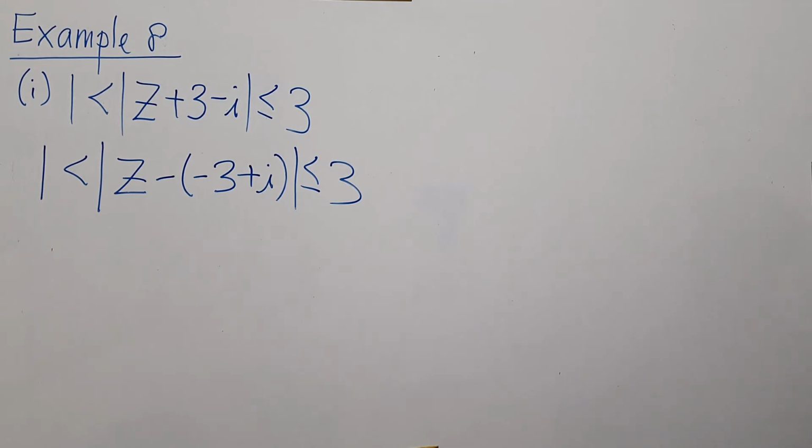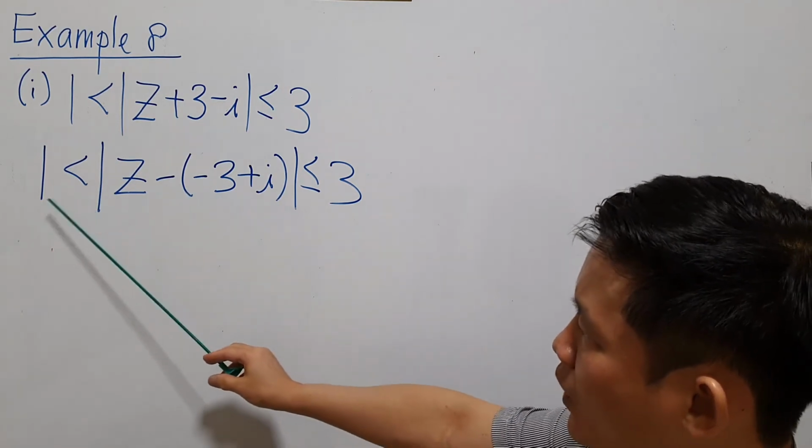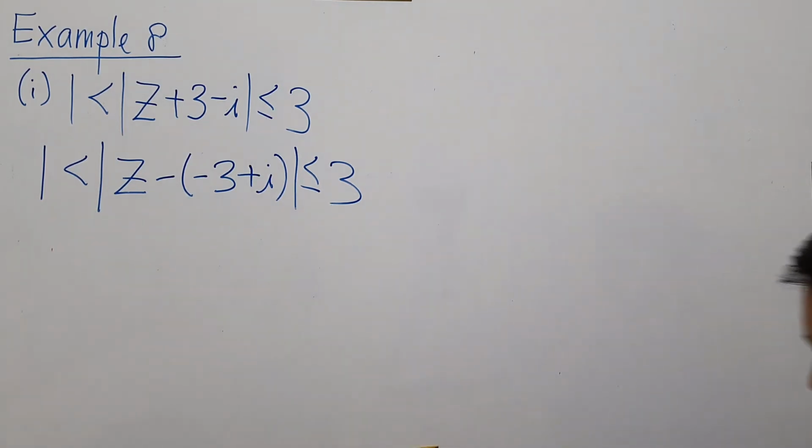So you want complex numbers whose distance from this point is between 1 and 3, inclusive of 3.